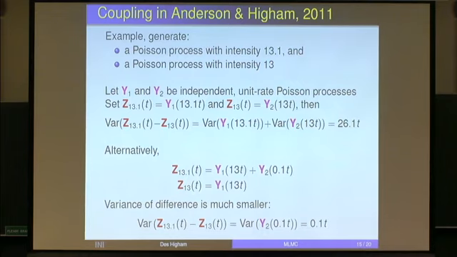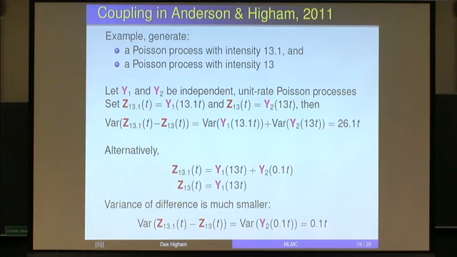You wouldn't simply take a pair of independent Poisson processes at unit rate and put in 13.1t for the first one to give one process, and then in the other independent process put 13t for the other. So completely independent Poissons running at the appropriate rates. The variance of the difference between those, because they're independent, is simply the sum of the variances. So these are not tightly coupled in that sense.